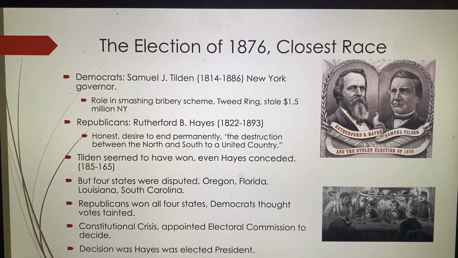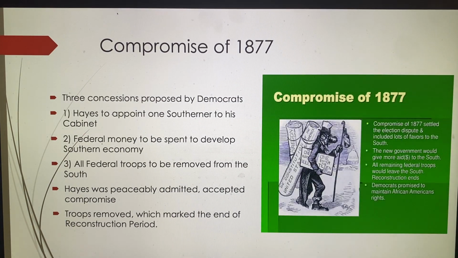The election of 1876, a very confusing election. The Republican won, Rutherford B. Hayes, but the Democrats thought, well, we should go into legality, we should fight this. But they decided not to fight it if Hayes made certain concessions for them.